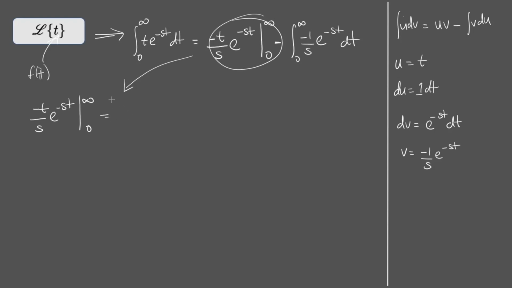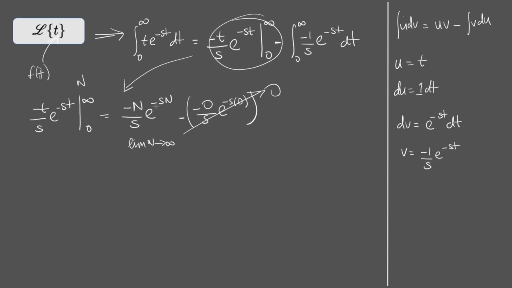You solve at infinity first, as n tends to infinity. That's minus n over s e to the minus sn as n tends to infinity. Then subtract the value at 0: minus 0 over s e to the minus s times 0. This is obviously going to 0, since you're literally multiplying by 0.